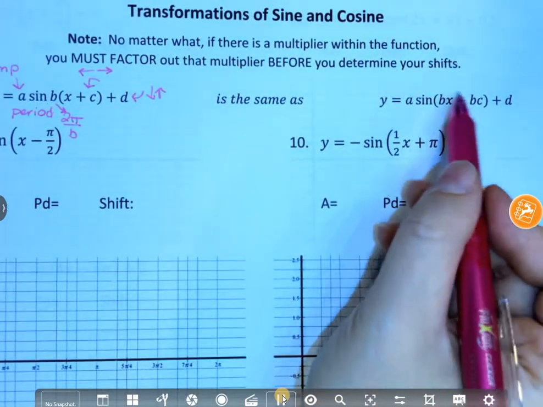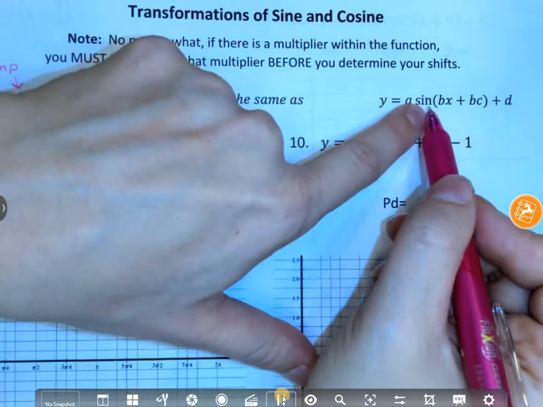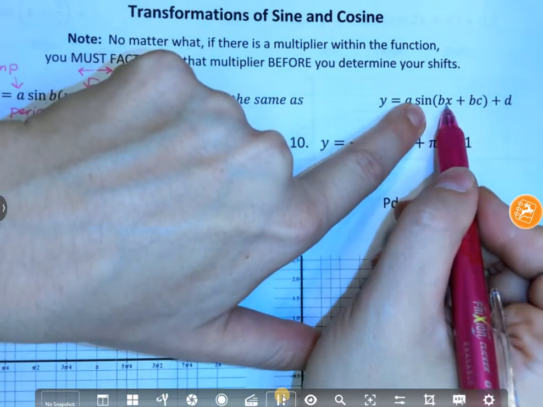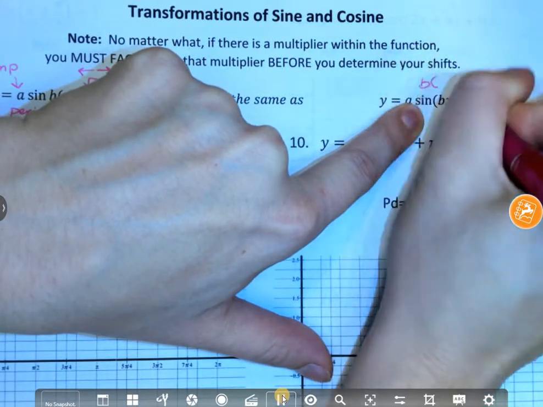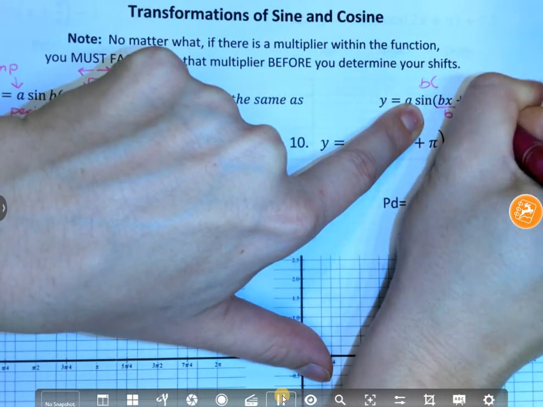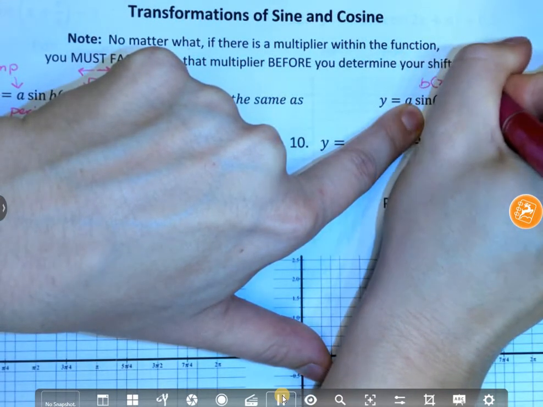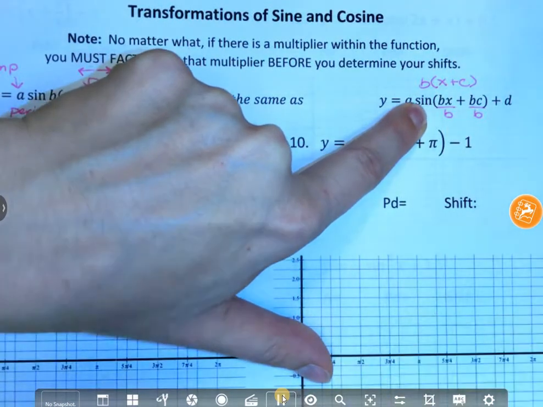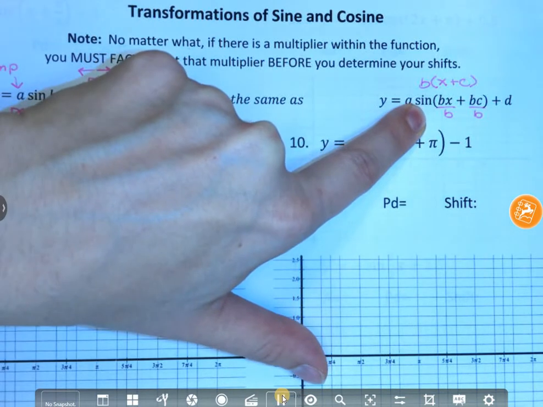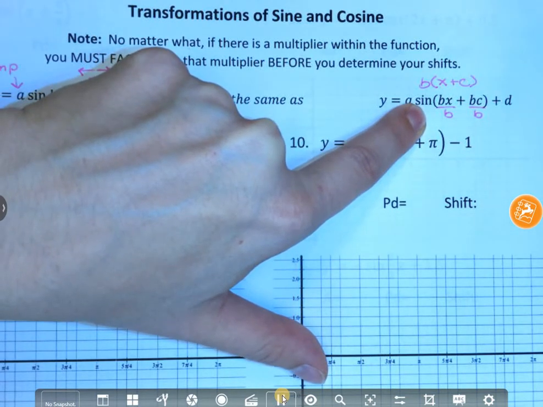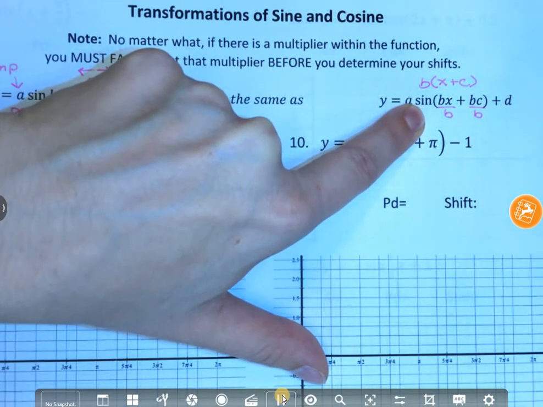Sometimes it will start by looking like this. If you have a number between your sine and your x, you must start by factoring that number out, which means to just divide that by that number and see what you get. You have to do that. We didn't really do these for the other functions because it was kind of messy, but with the sine and cosines, it works not too bad.